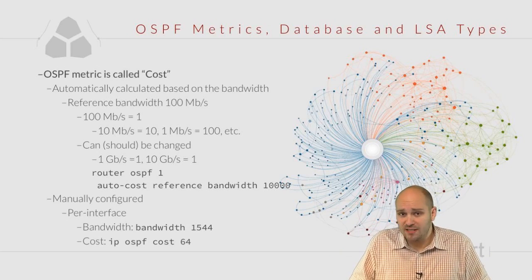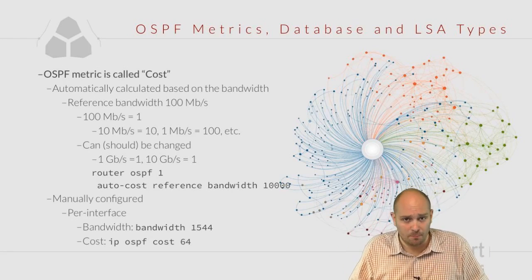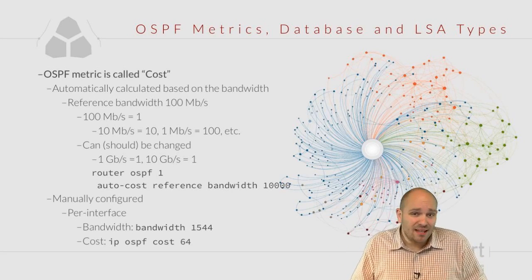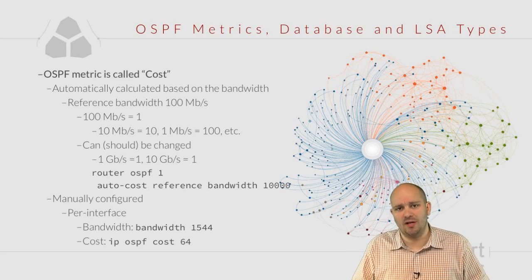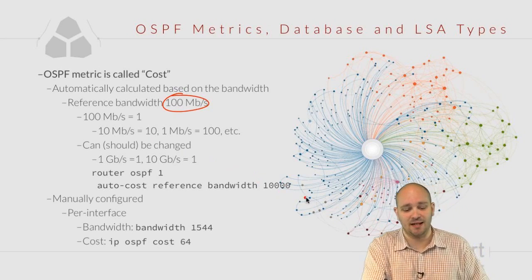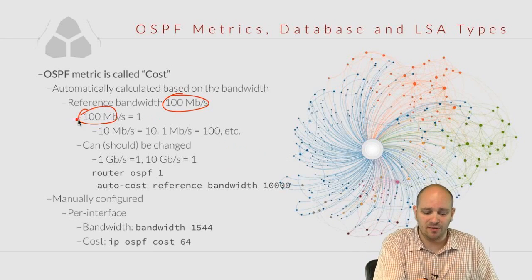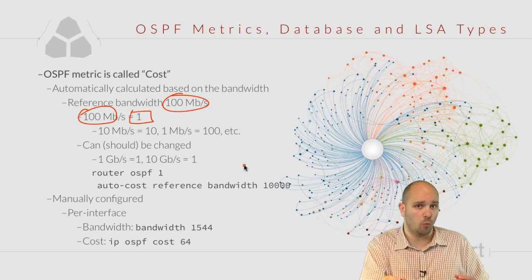As I said, OSPF cost is automatically determined based on the bandwidth. There is a certain bandwidth in OSPF, which is by default 100 megabits per second, called the reference bandwidth. The reference bandwidth simply means that this bandwidth will have a cost of 1.